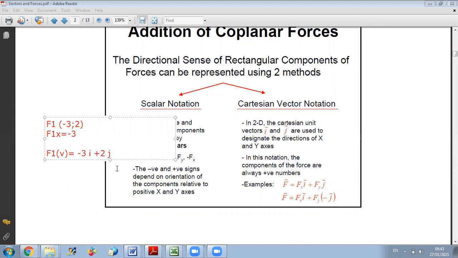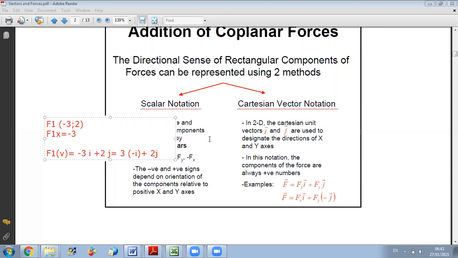In this case, we say that the components will be positive numbers, but what indicates the direction is the sign of the unit vector. So it is equivalent to writing 3 times -i, plus 2j. This is why we say that in Cartesian vector notation, the vectors i and j are used to specify the directions.